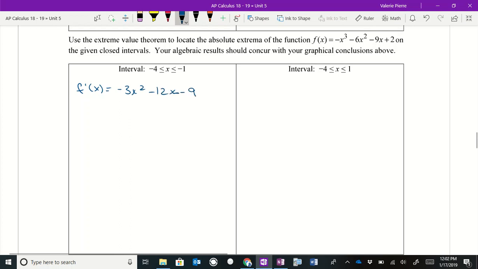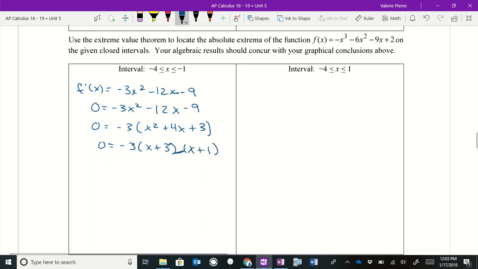We need to set that equal to 0 to find our critical values. Okay, we can factor out a -3 from all terms. And when we factor this, we get that 0 equals -3, x plus 3, x plus 1. So x is equal to -3 and x is equal to -1.